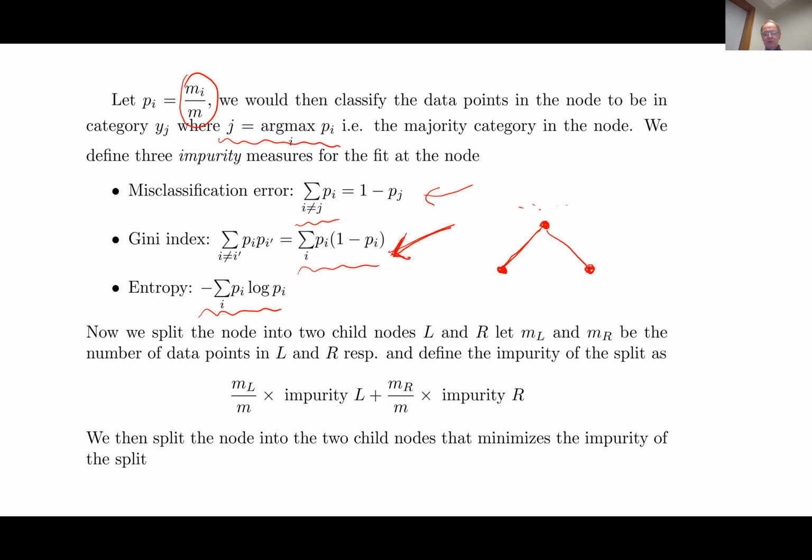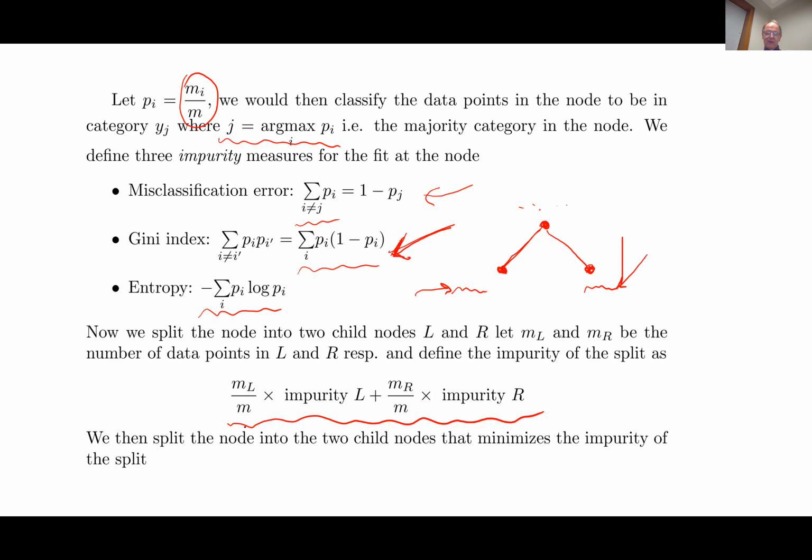So let's split it in some way, and that means that the data set is going to be split into two subsets. For each of these two subsets, we can compute the Gini index, and then we compute the weighted sum of these indices. We take the total number of points in the data set here to the left, the total number of points in the data set here to the right, and then we compute the fraction.